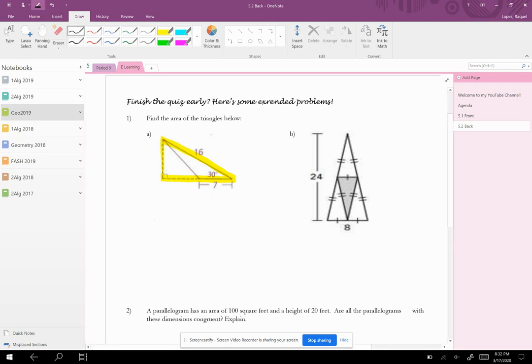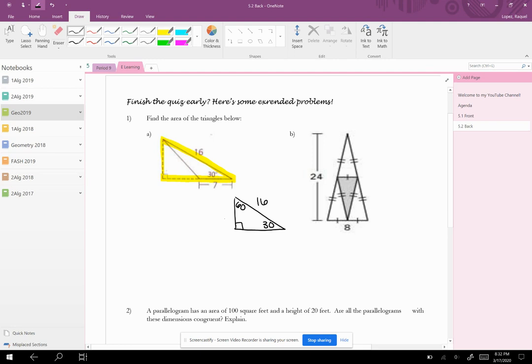That triangle that I'm highlighting in yellow, this angle measures 30. The hypotenuse measures 16. Guys, what does this look like? It looks like a 30, 60, 90 right triangle, right? That's because it is, because I've got one angle measuring 30. That means the other angle must obviously measure 60.